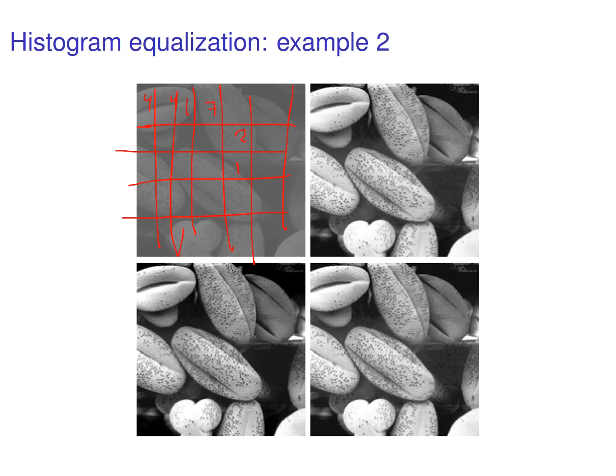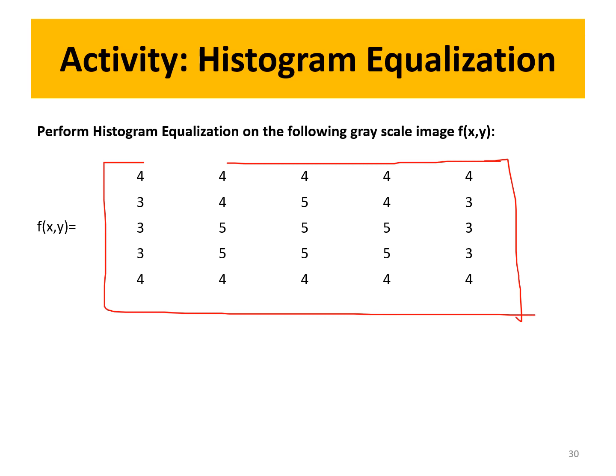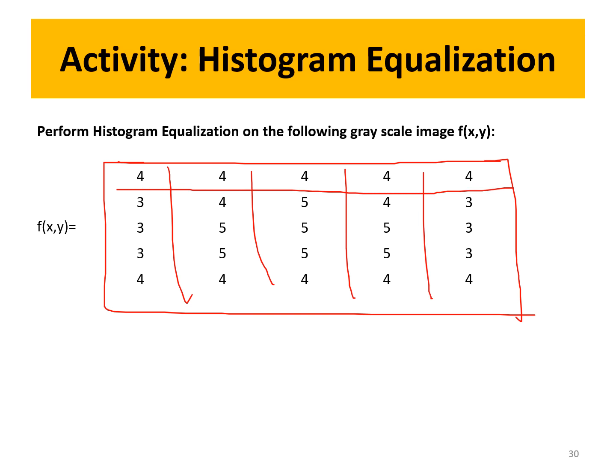So I will give you a piece of paper, and we would like to do this example. So let's say this is an image, right? And that image has these pixels. We good? And I want to show you how we can do the equalization. Let me give you a piece of paper.